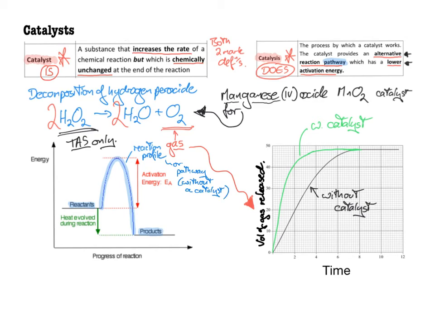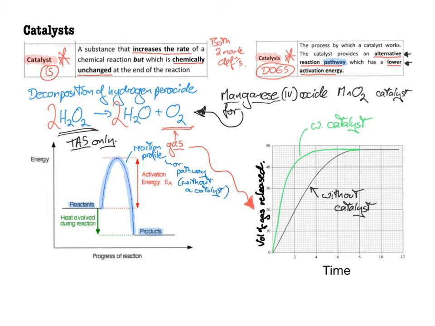And you see we have an activation energy that is drawn on in red. So what I'm going to do, let's use a green pen, I'm going to draw on the reaction profile with a catalyst. What's that going to look like? Well, it's going to start in the same place and it's going to end in the same place because we've got the same reactants and the same products.